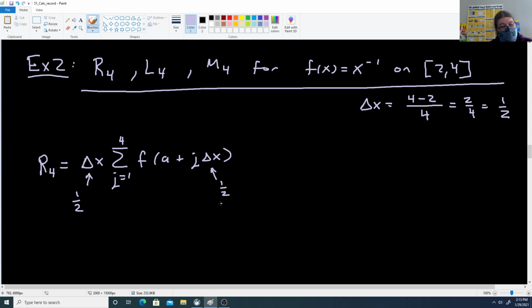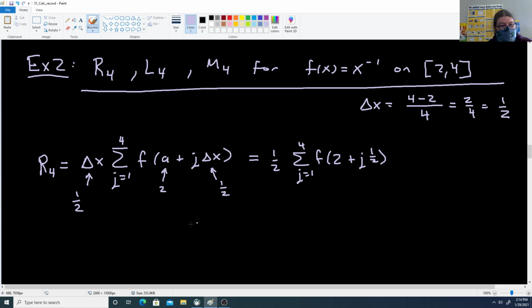A is the left endpoint of the interval, so A is going to be 2. So I'm going to rewrite this, and then we'll plug into the x to the negative 1, and then we'll start seeing what our terms actually are. So we have 1/2 sum of j equals 1 up to 4, f of 2 plus j times 1/2.